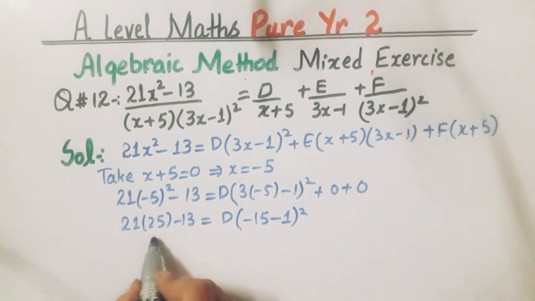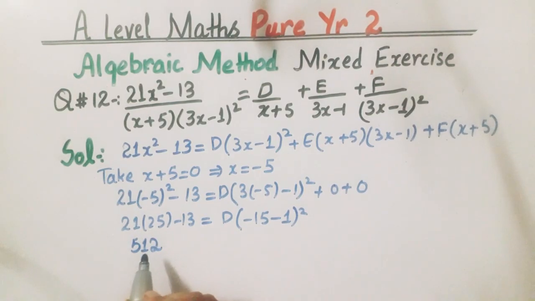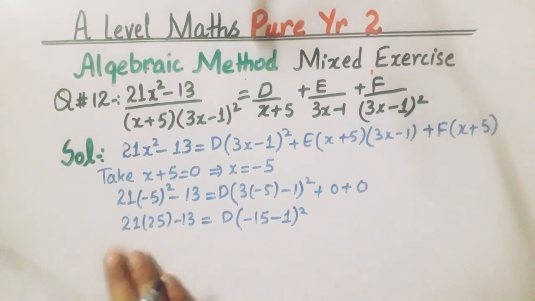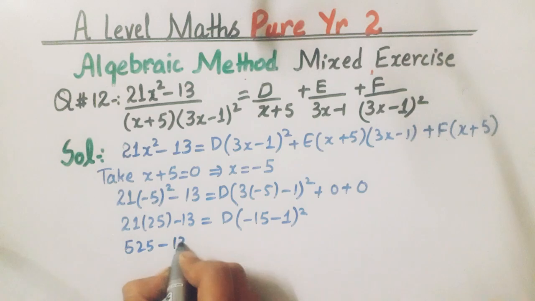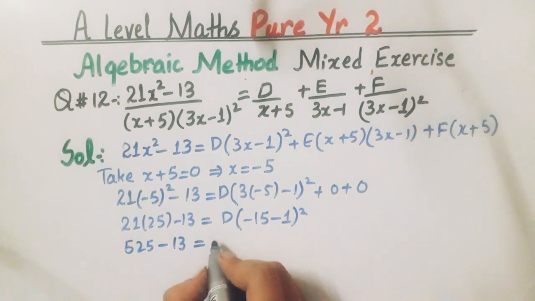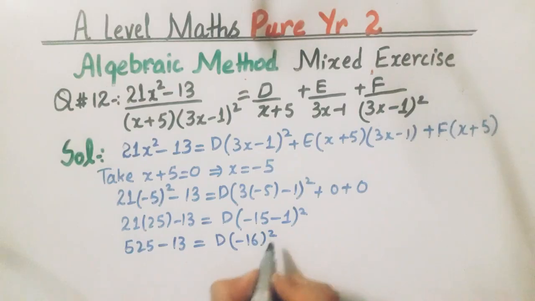So 21 into 25 will be 525, and then we will get 525 minus 13, and then d into (minus 16) square.